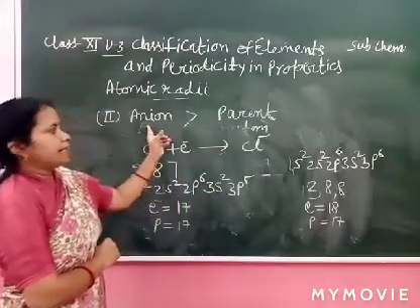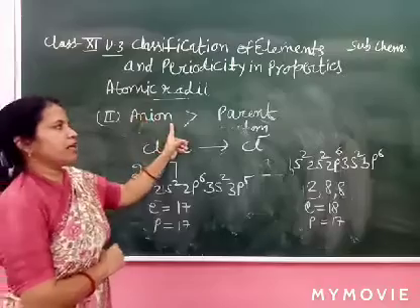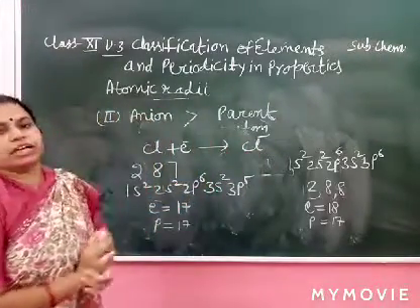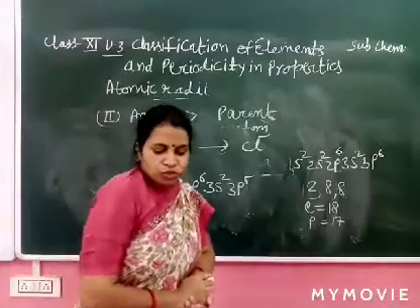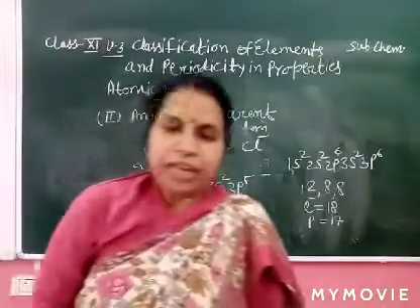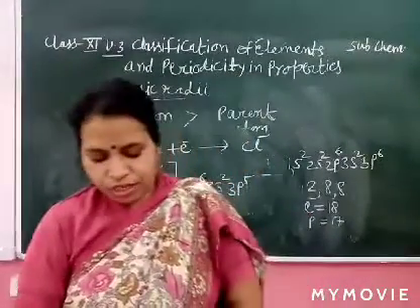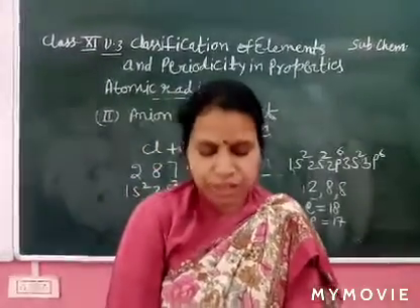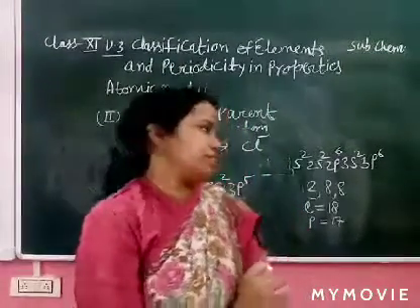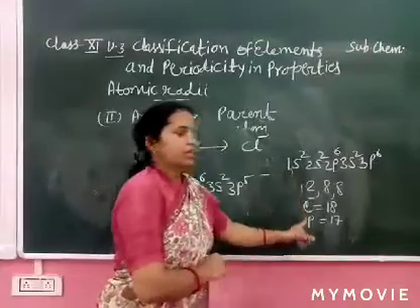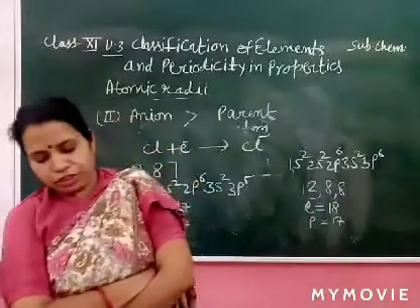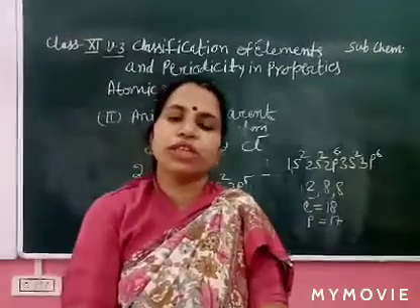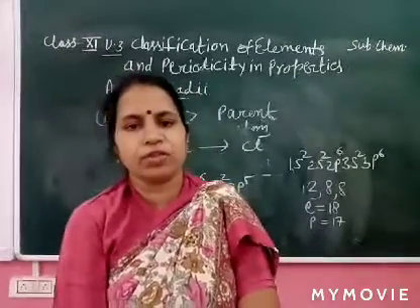So the size of a negative ion is always larger than the size of the parent atom. The radius of the anion is always larger than that of the parent atom. This is due to the decrease in effective nuclear charge and lesser force of attraction by the nucleus towards the electrons.